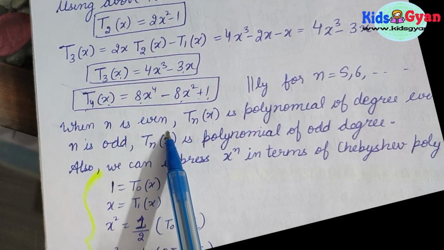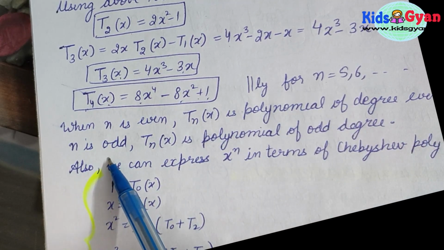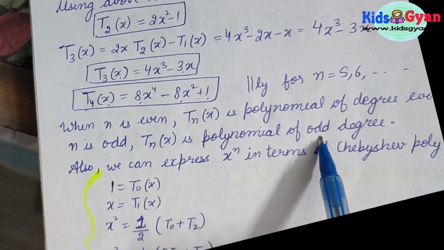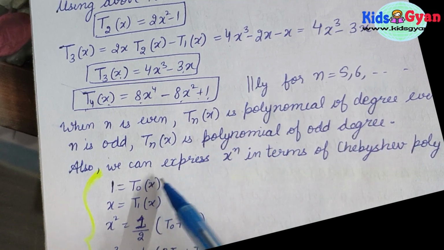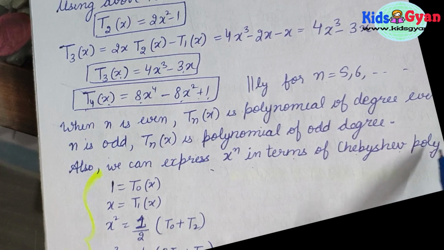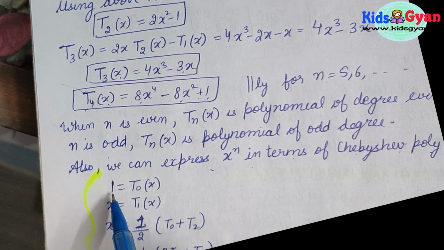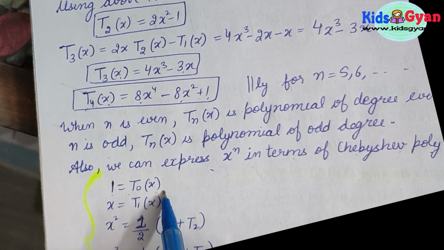When n is even, Tn(x) is a polynomial of even degree, and when n is odd, Tn(x) is a polynomial of odd degree. Also, we can express x to the power n in terms of Chebyshev polynomials Tn(x). So 1 is T0(x), x is T1(x).